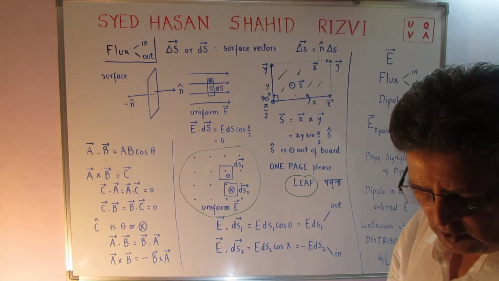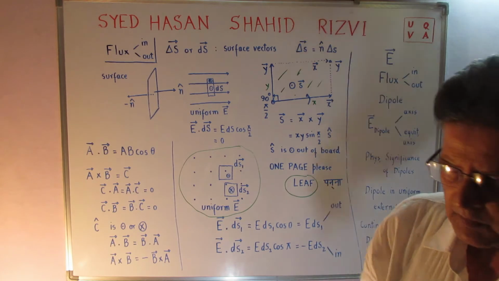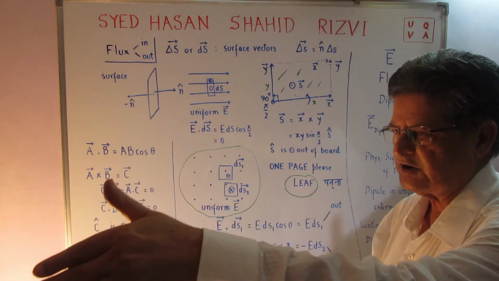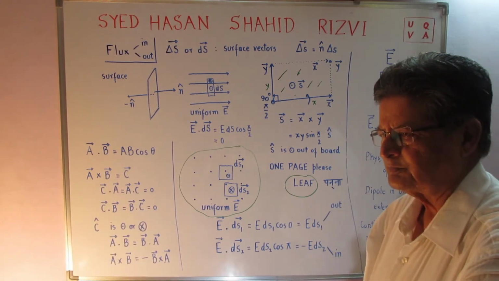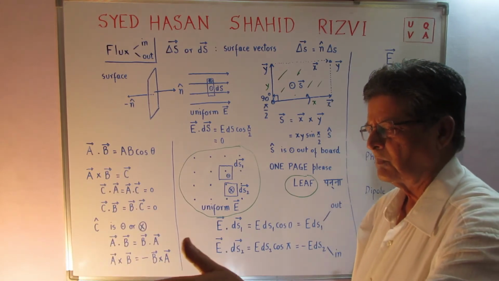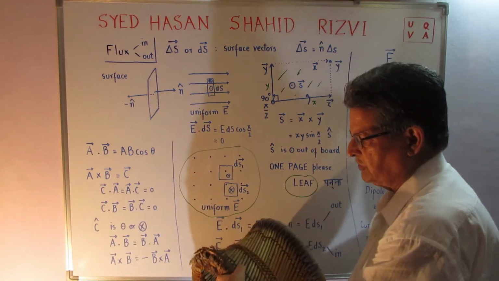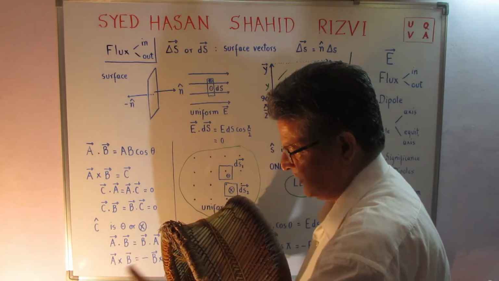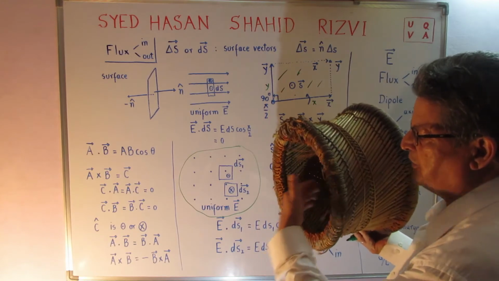So if there is a flux, for example, there is a bulb here and the light is coming into this surface.